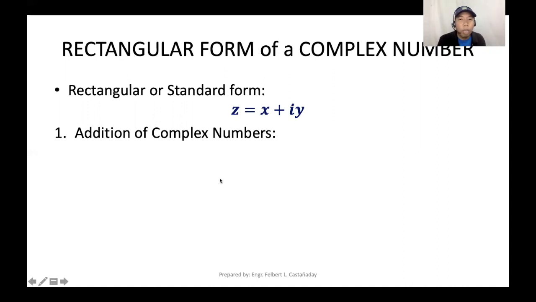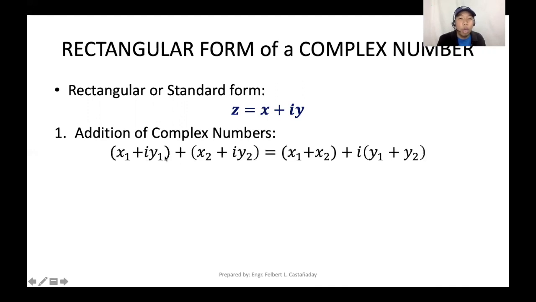Now we have the following: how to do addition, subtraction, multiplication, and division using complex numbers in rectangular form. So this is how you do it. If you add two complex numbers in rectangular or standard form, you simply combine the real parts, x sub 1 plus x sub 2, and combine the imaginary parts, y sub 1 plus y sub 2 multiplied to i.